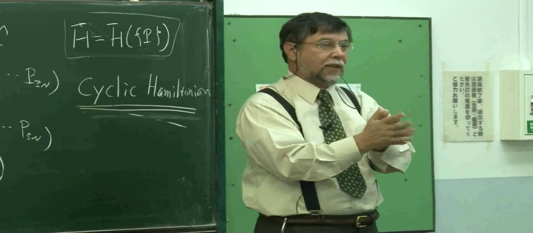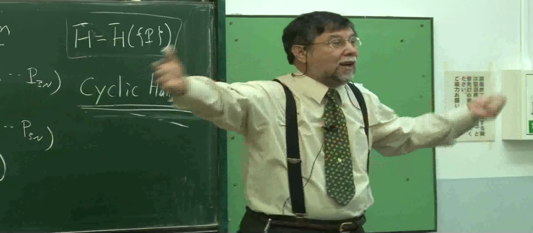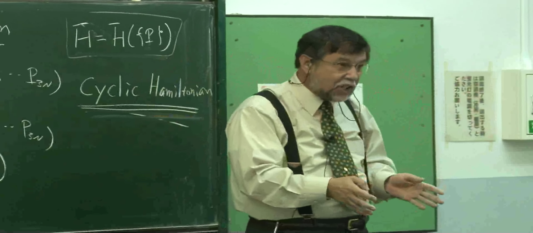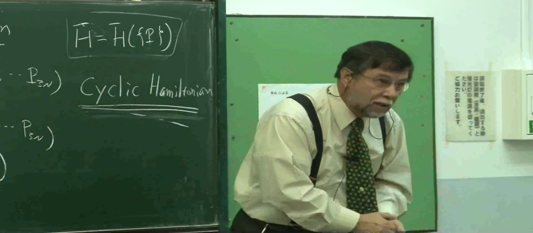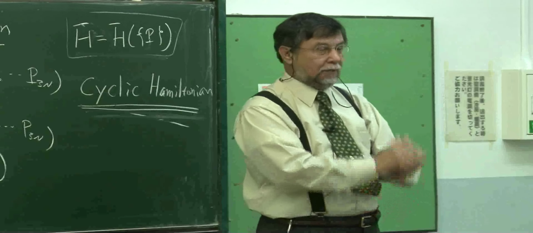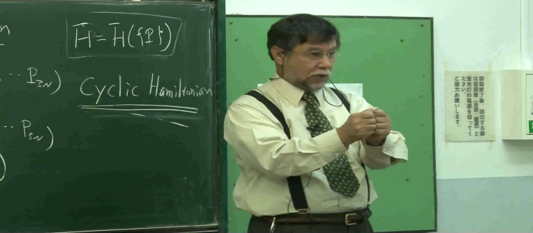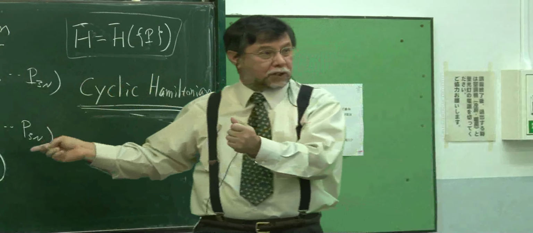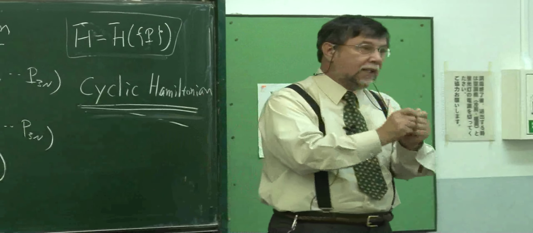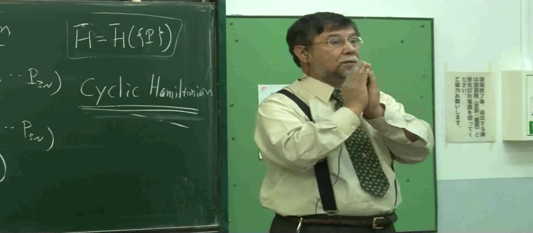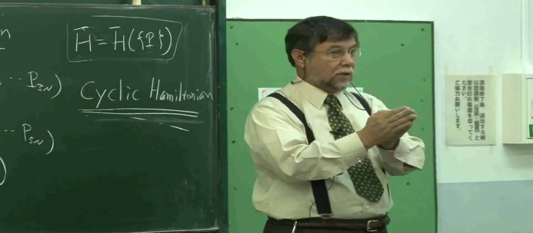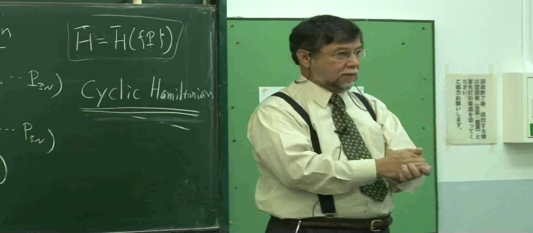By chance, you could find 5 or 6, not enough. In that case, you cannot solve the problem. Therefore, to find the solution through integration, you have to find the same number of invariants of motion as the degrees of freedom.